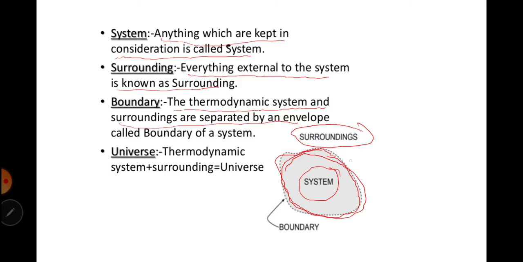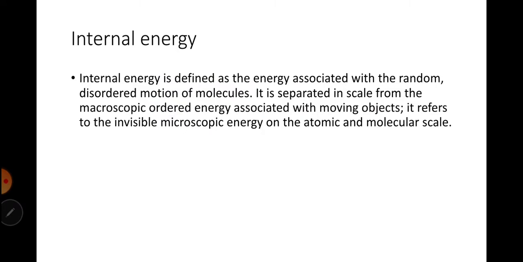Universe: when the thermodynamic system and surrounding combine, it gives you the universe. When this system combines with the surrounding, it will give you the universe. Internal energy: the energy associated with the random disordered motion of molecules, or total kinetic energy, translational, rotational, vibrational.